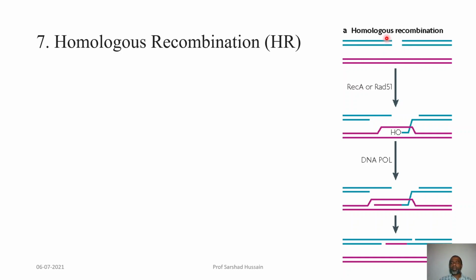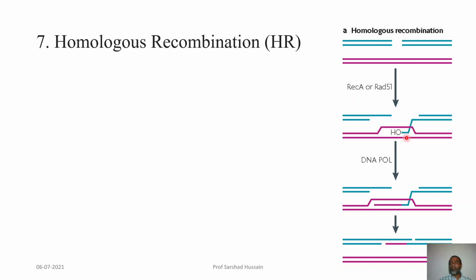So, if one chromosome has a double strand break while its homolog pair has intact DNA, it will utilize the other chromosome of its pair to synthesize this missing part.